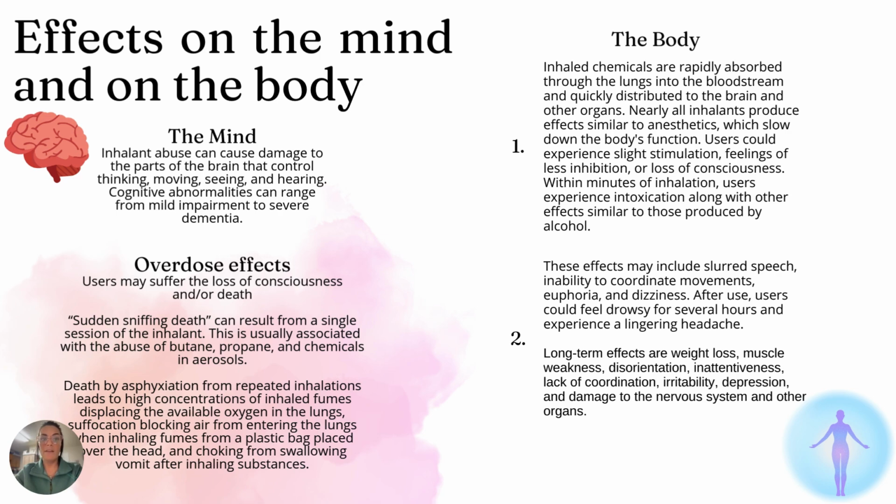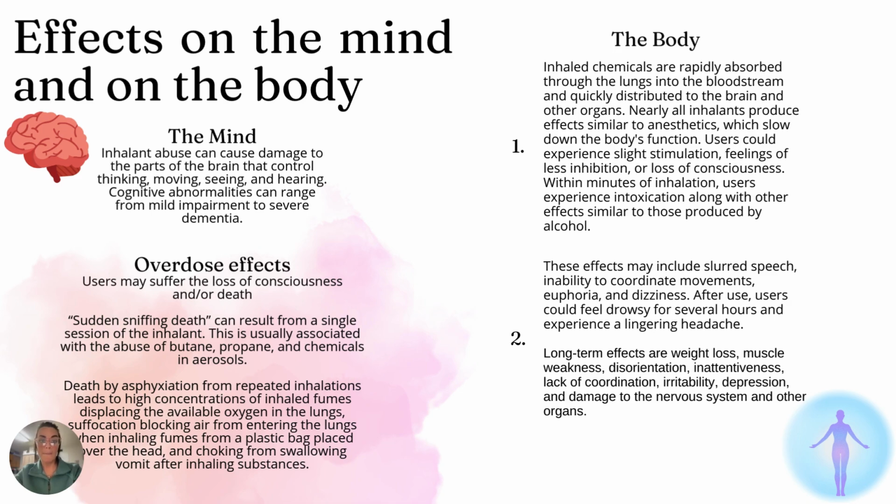So the effects on the mind and on the body. So the effects on the mind, inhalant abuse can cause damage to the parts of the brain that control thinking, moving, seeing, and hearing. Cognitive abnormalities can range from mild impairment to severe dementia.